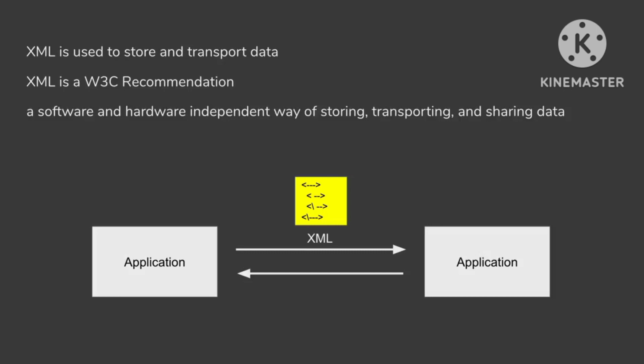It does not depend on any software or hardware. It is a way of storing, transporting and sharing data, independent of software as well as hardware. The XML language is both human and machine readable. XML does not have any complexity in readability.